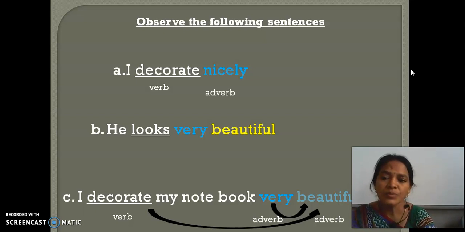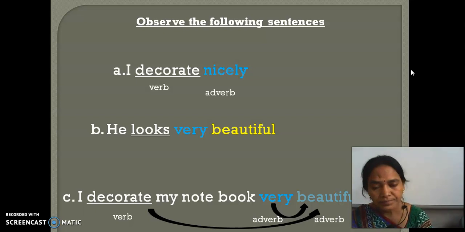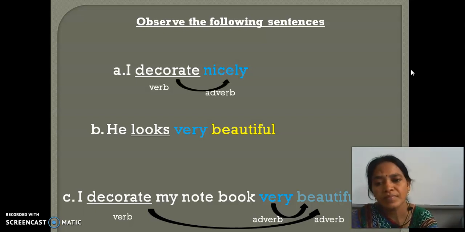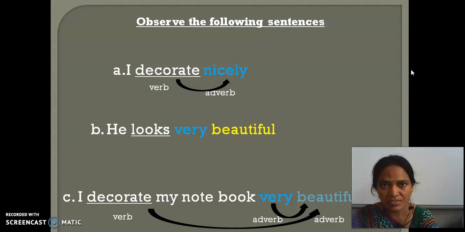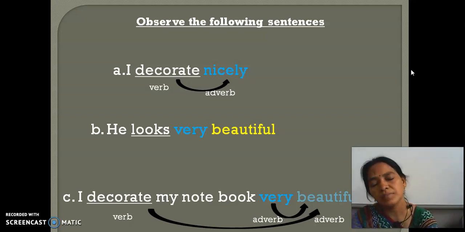So nicely is describing the verb decorate. Something added, giving additional information about the verb in your sentence. And that is the reason we call this word an adverb.